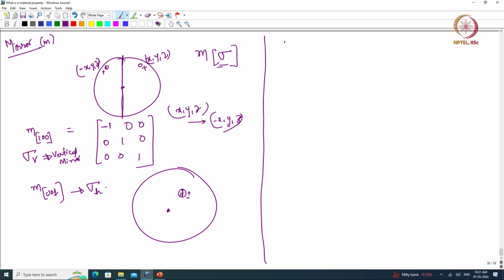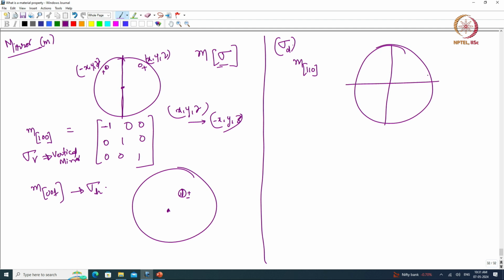I can also have diagonal mirrors. So, sigma d, which is nothing but m about 110, let us say. These are my axes. So, this is my vertical mirror, and here x changes, that is correct.